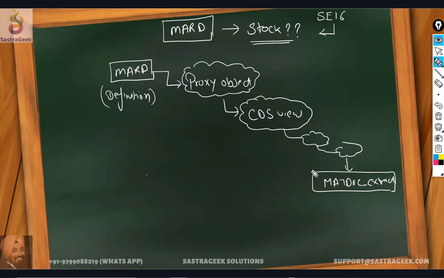So in the extract system, this CDS does the calculation, and then you would be able to see the stock. So the answer to your question is, any queries you are using, if you use the same tables, SAP has not removed the definition. So all the queries would still be working.